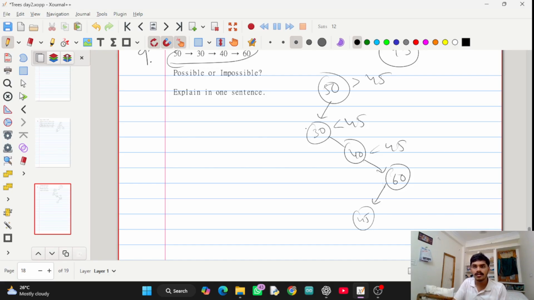Wait a second. Wait, this is not possible, guys, because as you consider, it is 50, 30 is fine, 40 is fine, but 50, 60 is not possible because it has to come here, right? It cannot come there. So this is impossible.